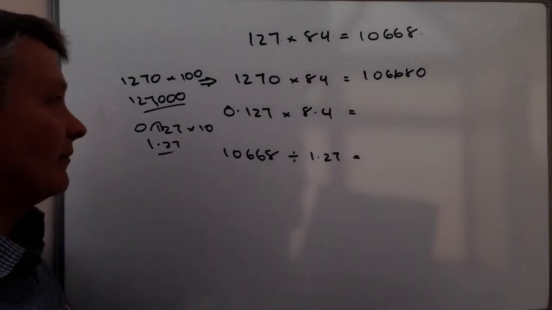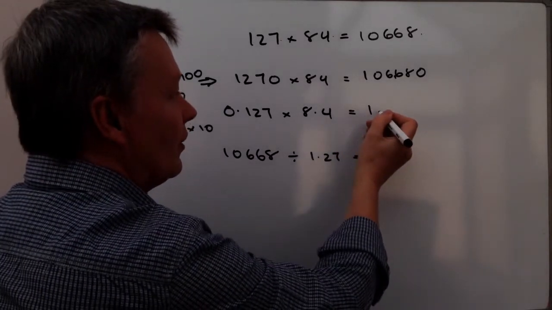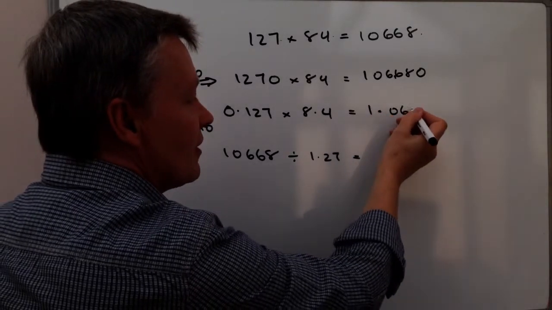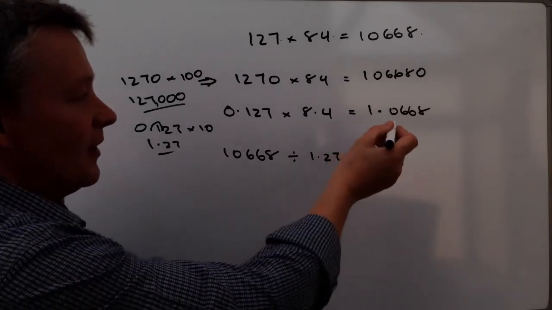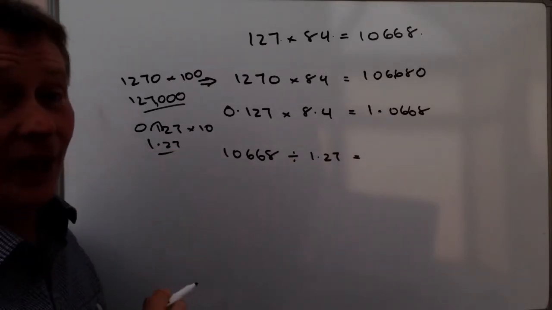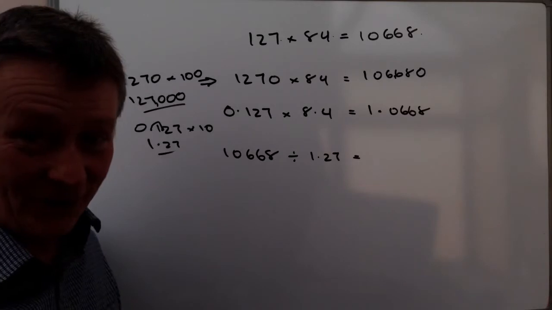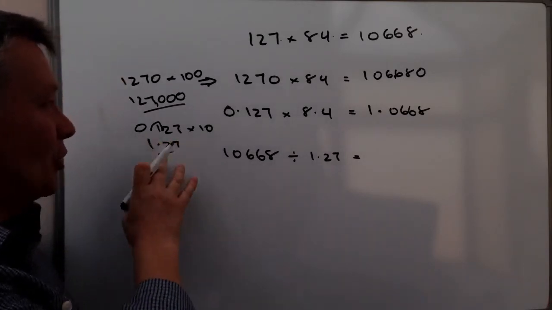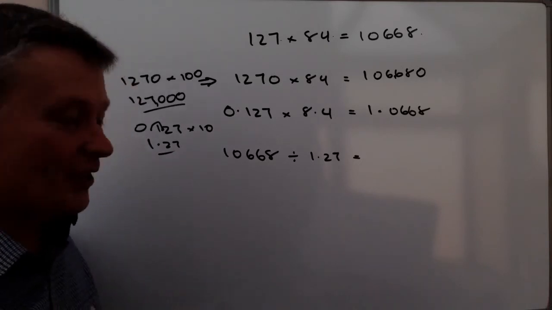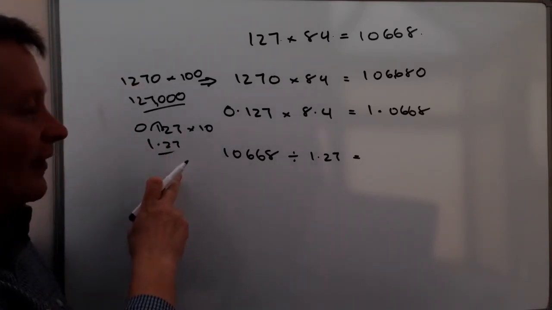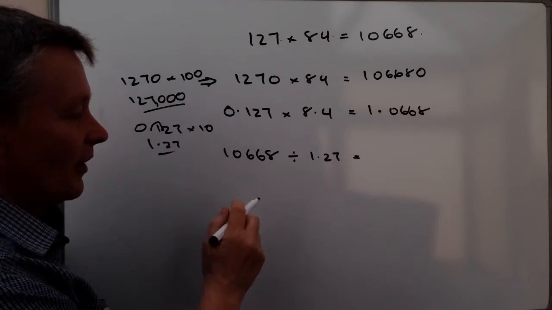And actually, it's pretty close at 1.0668. And that would be the answer on this second question. Now, I say pretty close. It's not that close, but it's a very good idea and a very, very quick and rough estimate to do something like this.